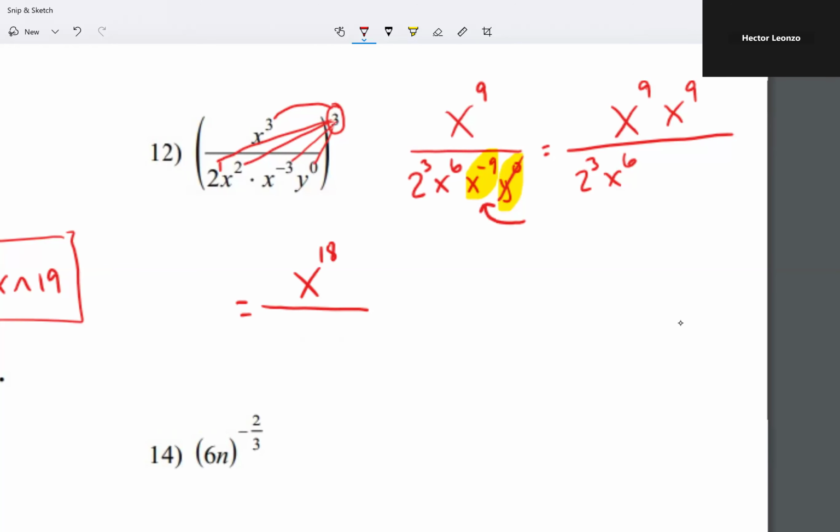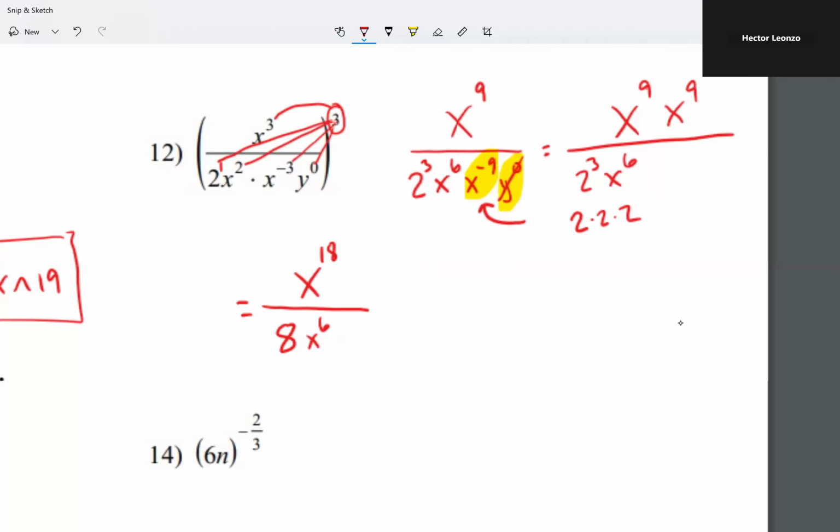I combined those because it was multiplication, so I added the exponents, and then I have 8x to the 6. Some of you might be wondering, where do you get that 8 from? Well, 2 to the third is basically 2 multiplied 3 times. So it's easier to write 8 than 2 to the third. So I will multiply that.